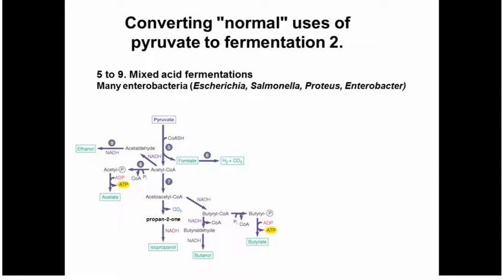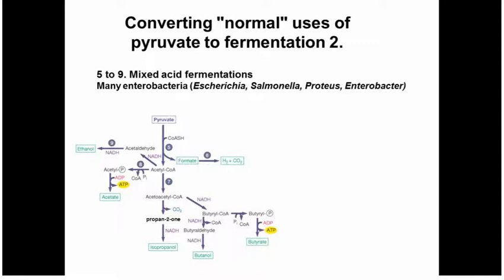Let me just try and, so you start with pyruvate, and you're getting an acetyl group on coenzyme A, and this will spit out carbon dioxide. That's what pyruvate decarboxylase performs.